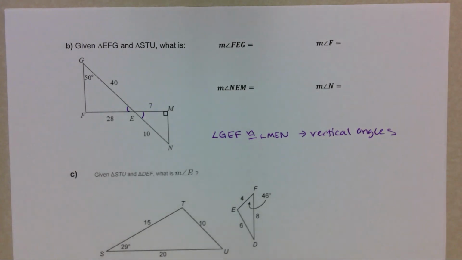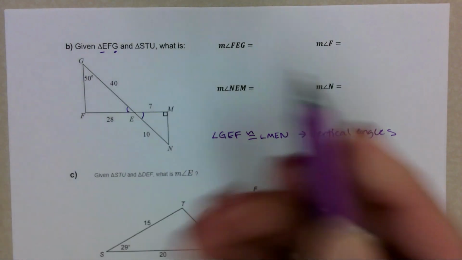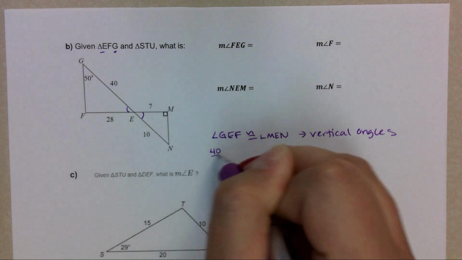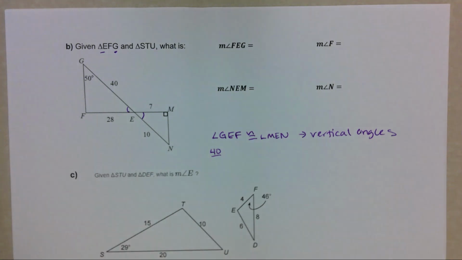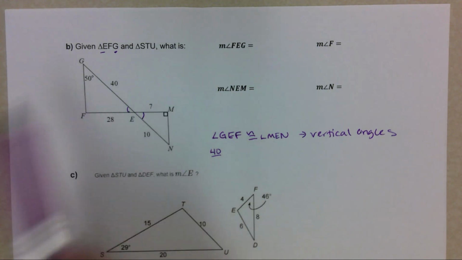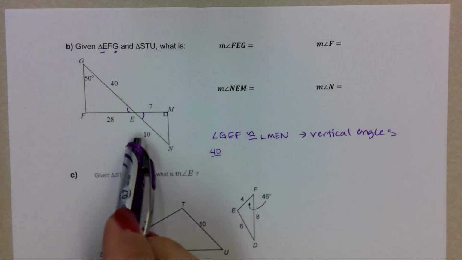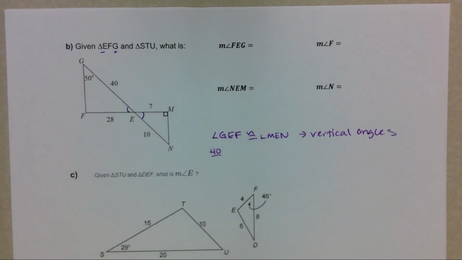And then I can check to see if my corresponding sides are proportional. So if GE is 40, that corresponds with SU. Oh, I think this triangle is named wrong. It's supposed to be E, F, G, E, M, N. So I'm going to make that change here.